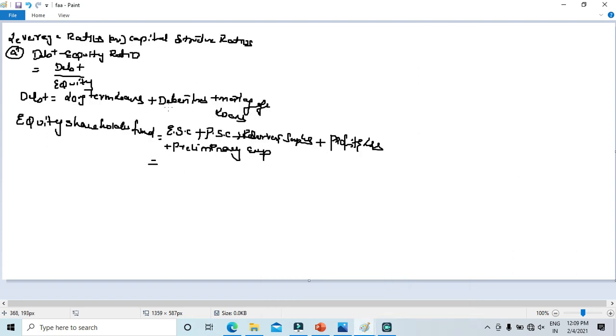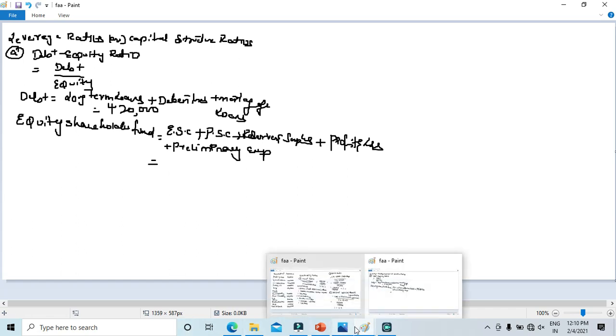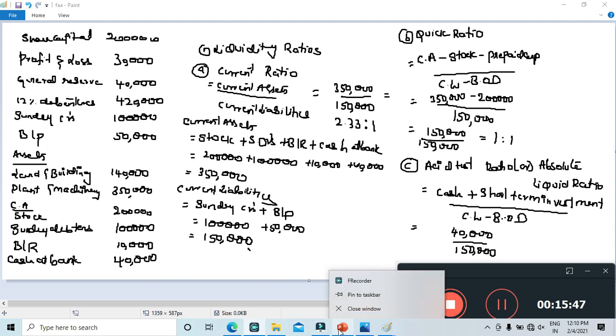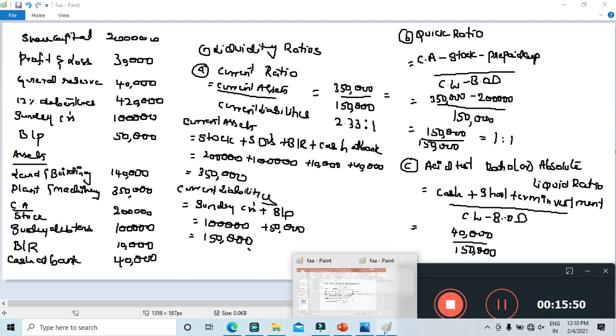Total assets divided by debt. So how much are the total assets? If you look at this question, these are the asset side. So total assets are 8,40,000. So we'll take 8,40,000 divided by debt, how much will the debt be? 4,20,000.